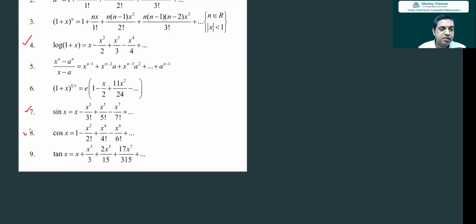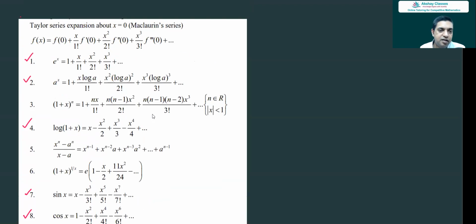Sin x and cos x. Tan x may not be. At least the first two terms we can remember, or if needed, we can derive on the spot using this expansion. So in this application of derivatives, we are showing that a function can be approximated to a polynomial.